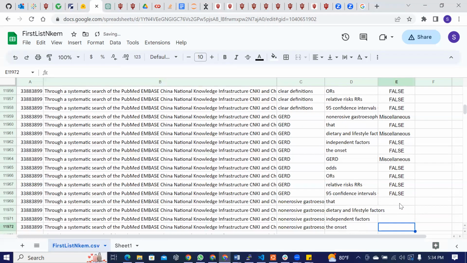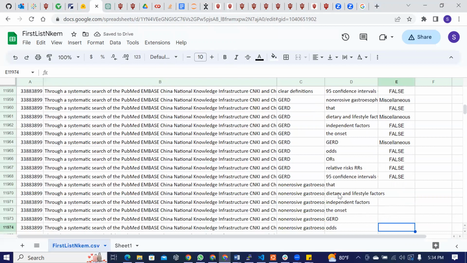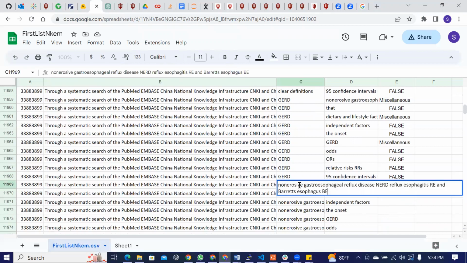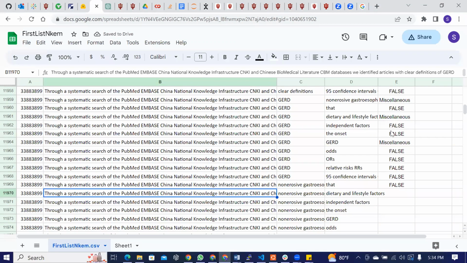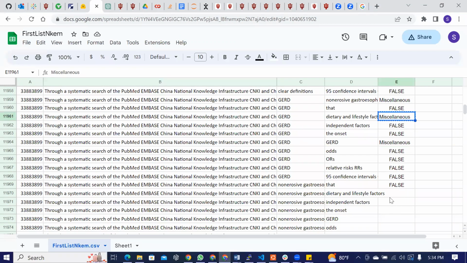Now non-erosive gastroesophageal reflux disease, which is NERD. There are some sentences where you just see that it is false. NERD and dietary and lifestyle are also miscellaneous. So it's almost going to follow the same flow. You'll see the independent factor, you see onset, you see GRD.